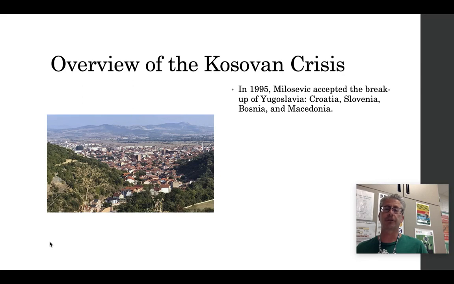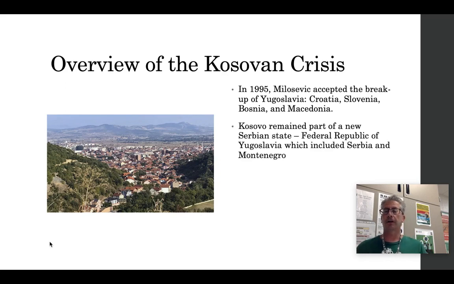And Croatia, Slovenia, Bosnia, and Macedonia become independent republics. And so Kosovo still remains part of a new Serbian state. It's going to be called the Federal Republic of Yugoslavia, which included Serbia and Montenegro as well.